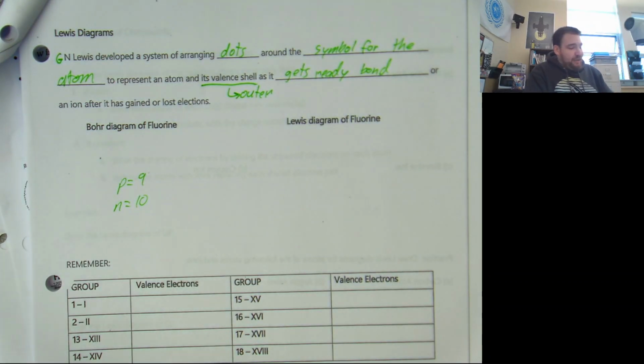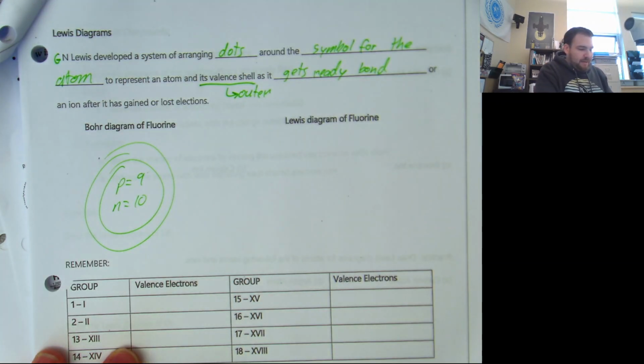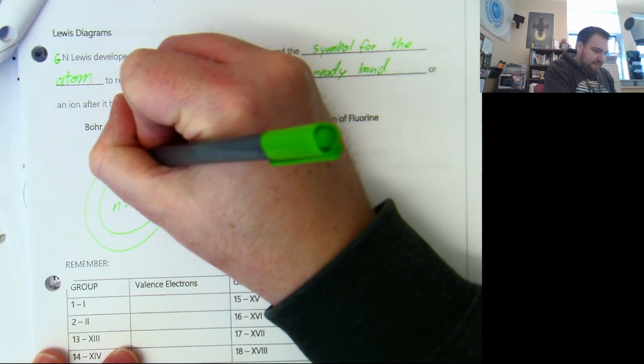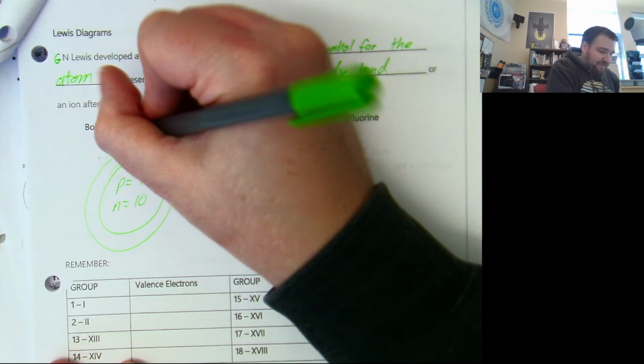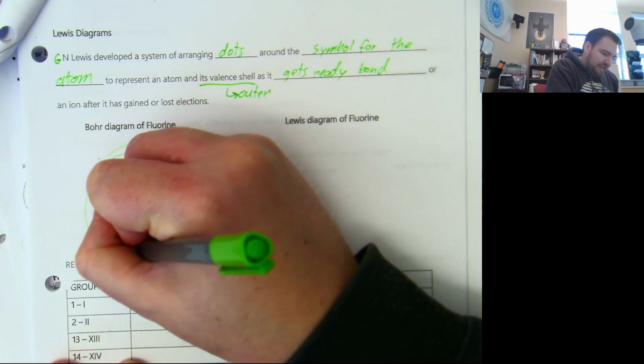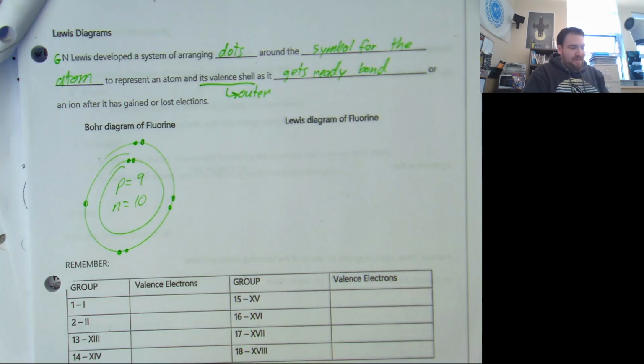Fluorine is in the second row, so it's going to have 2 shells. It's in column 17, so it's going to have 7 in the outer shell, and that inner shell is going to be full. That's what a Bohr diagram for fluorine would look like, and that's the process you'd go through to draw it.